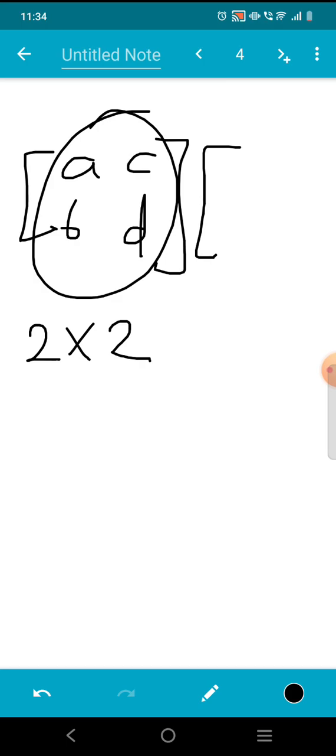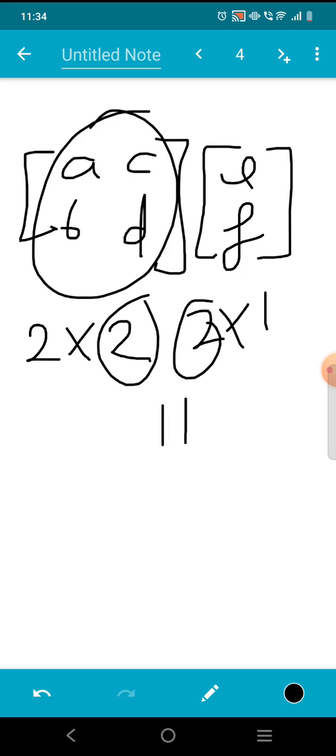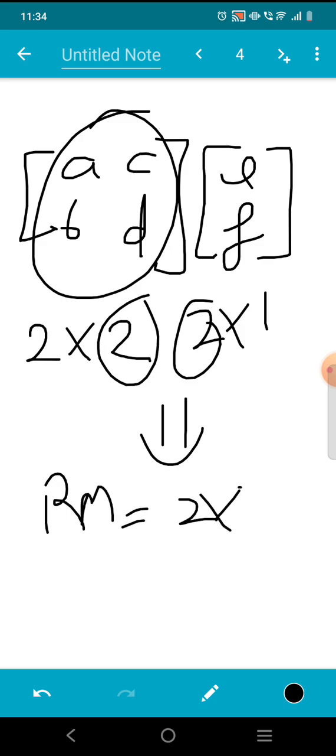And here I am writing E and F, and this has 2 rows and 1 column. Both are compatible, and our resultant matrix will be 2 into 1. Going by the norms of column multiplication, we are yet to find the multiplier. In the 1 into 1 case we found the multiplier as 2. 3 should be multiplied with 2, which will give us 6.